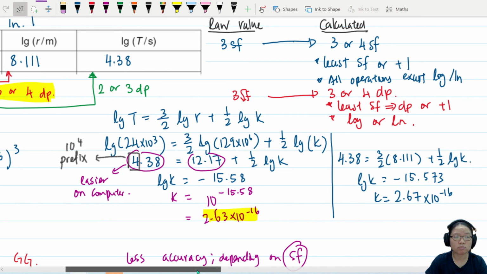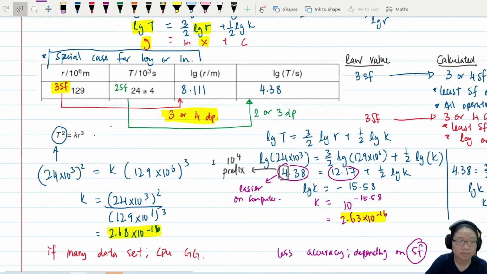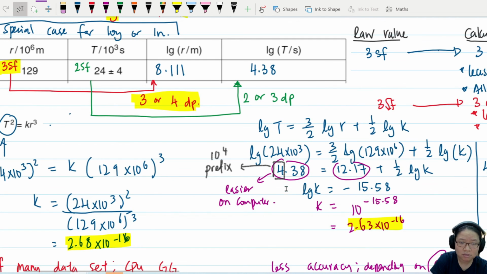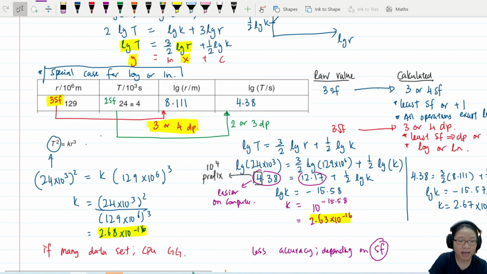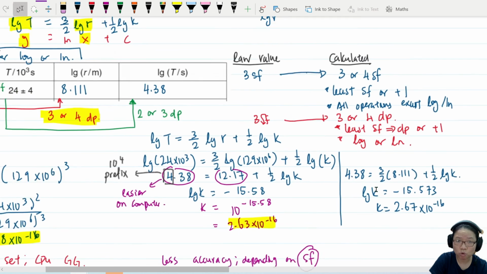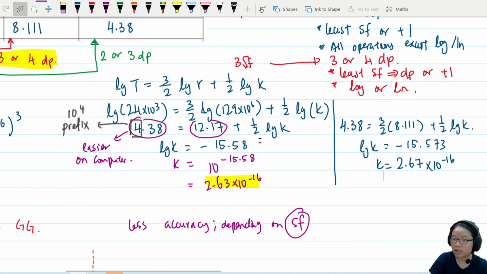Okay, so this is what I mean by ease of handling large numbers. The first purpose of log is to linearize. Second purpose, so that the numbers are small. Small numbers are easier on the computer. Those are the purposes of log and ln. And the important skill that you also have to remember is that the weakness of using log and ln and small numbers is that you do a lot of rounding, and in that rounding you lose accuracy.